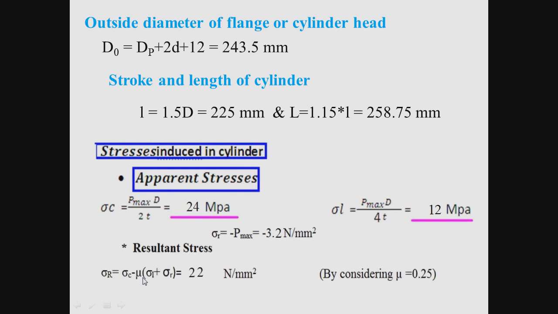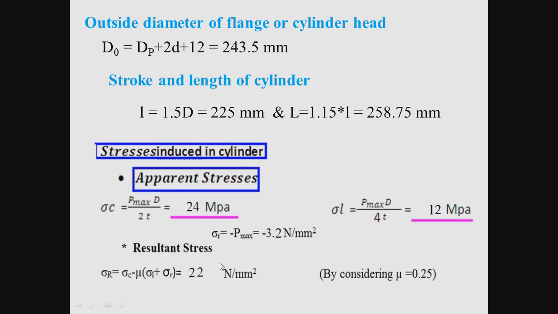Here we need to find the resultant stress. Resultant stress is given by sigma c minus mu into (sigma L plus sigma R). Here mu is the Poisson's ratio. Sigma c value is 24. Let us consider mu as 0.25. Sigma L is 12.